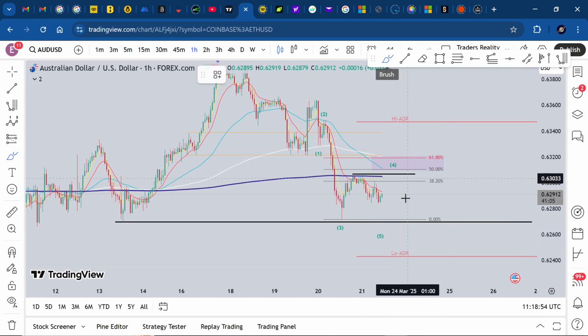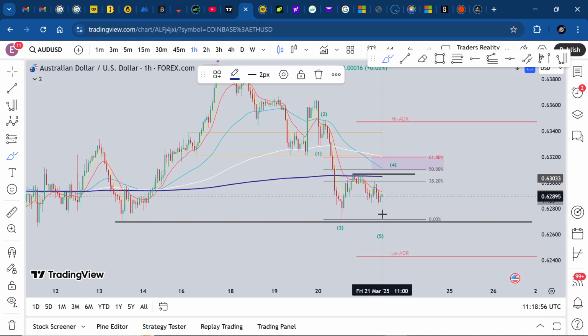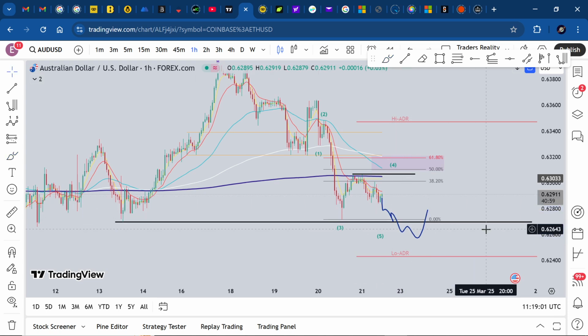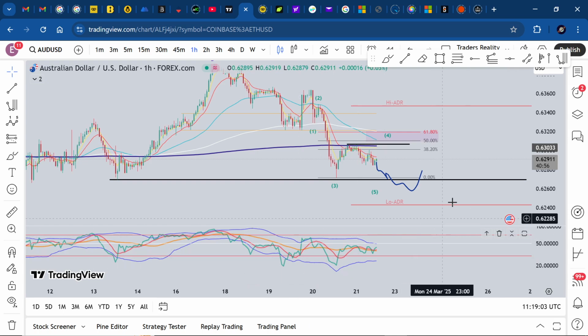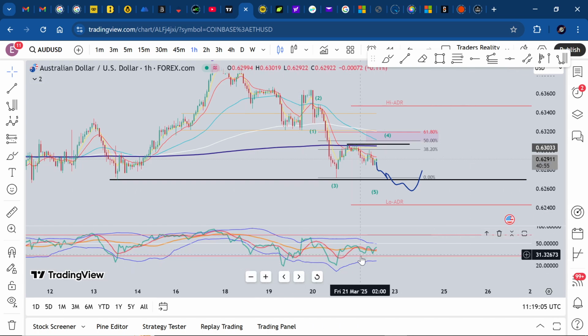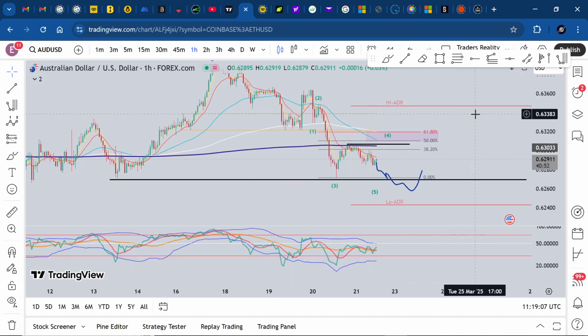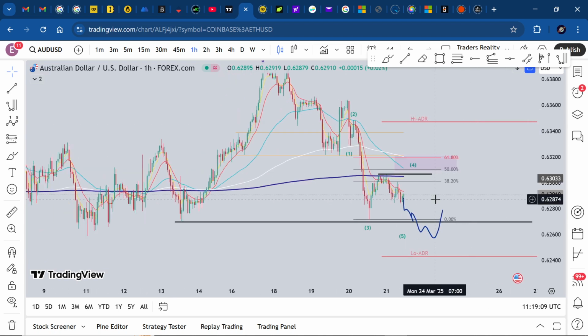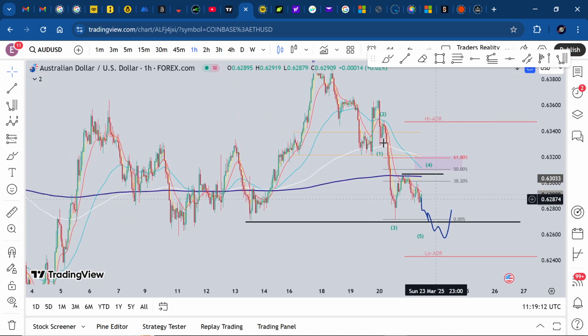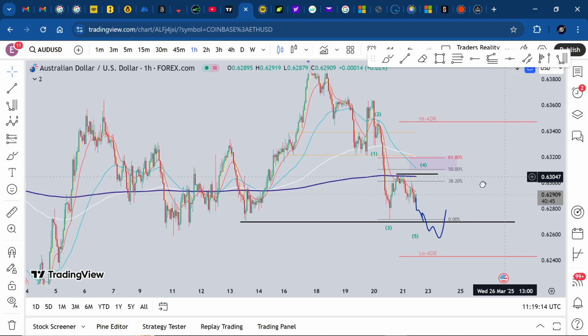On top of that, I'm expecting to see some kind of diag, and I am expecting to see bullish divergence, or for the bullish divergence to remain, because we kind of have bullish divergence now. So at that point, I'll be looking to take a buy.